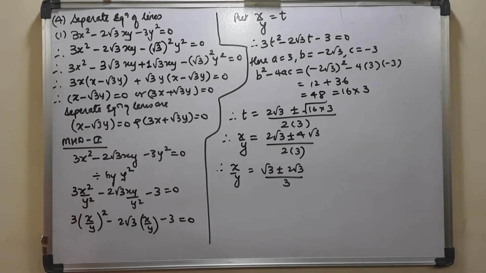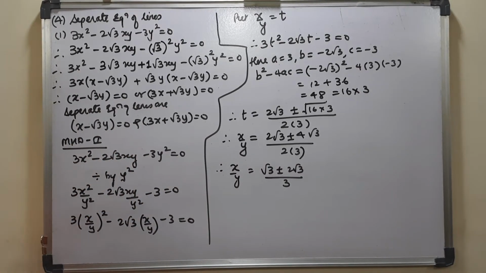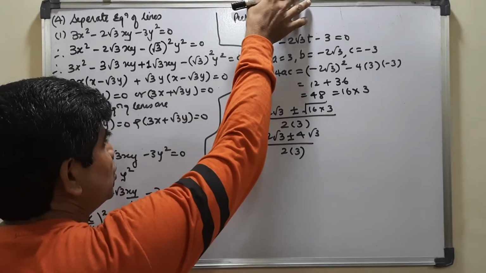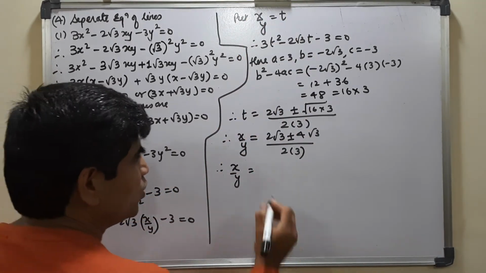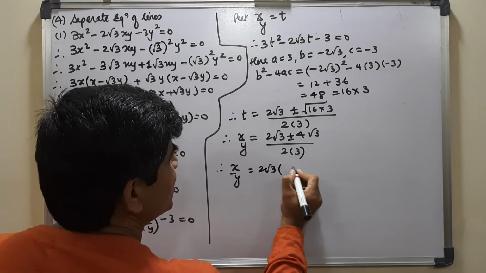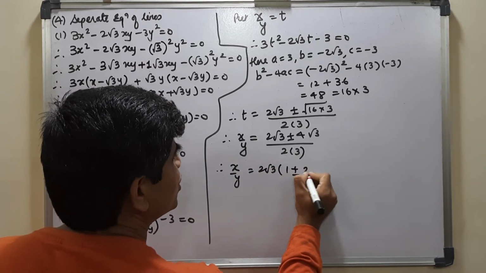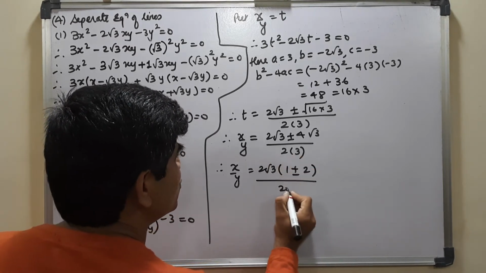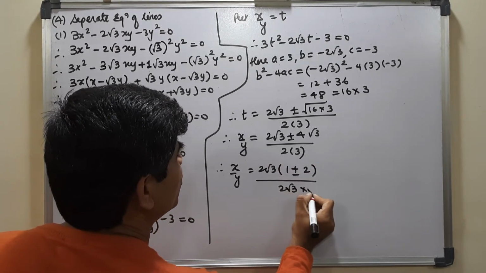If you want, right now you can cut this root 3 also. 2 root 3 could have been common. But the denominator, it works, you do that thing only. Why keep it, reduce it fully. So 2 root 3 is common, and you get 1 plus minus 2 upon 2 root 3 into root 3.